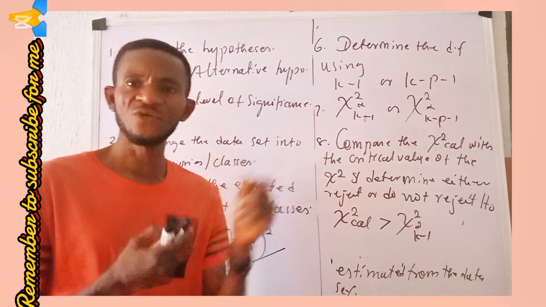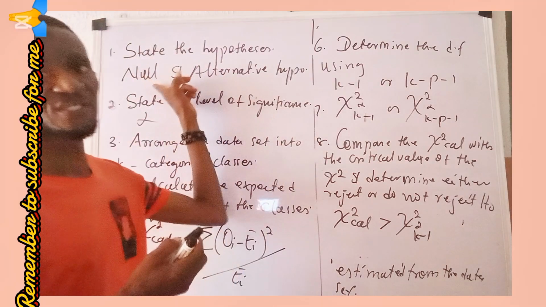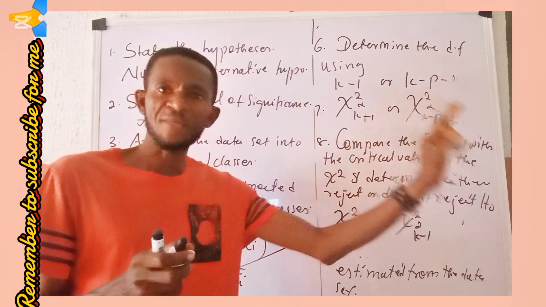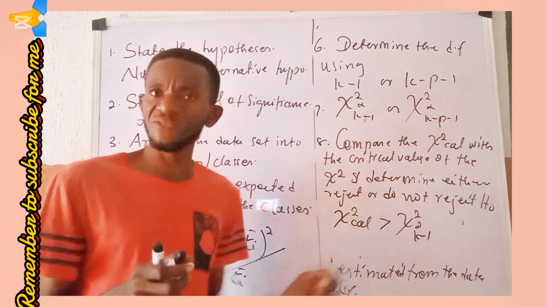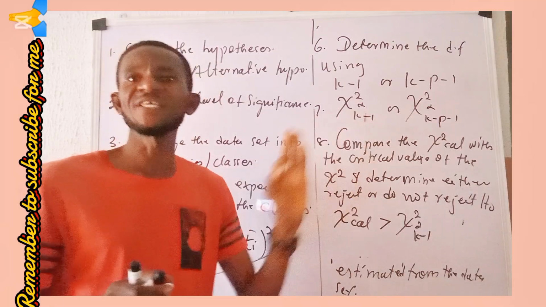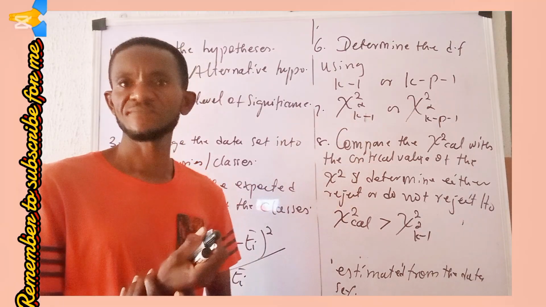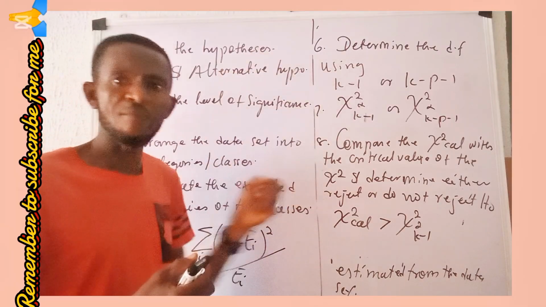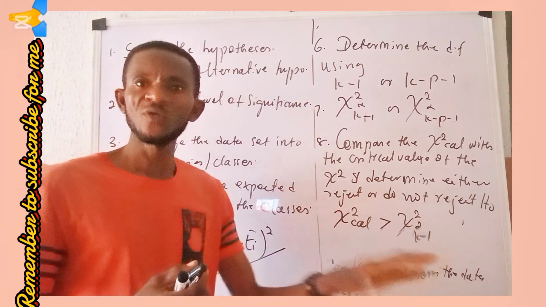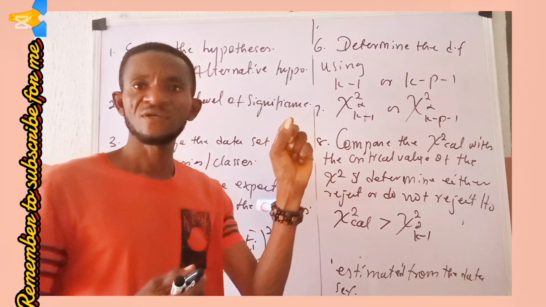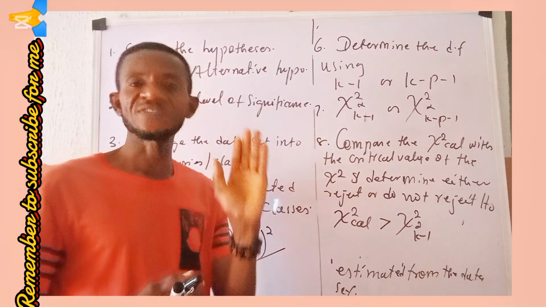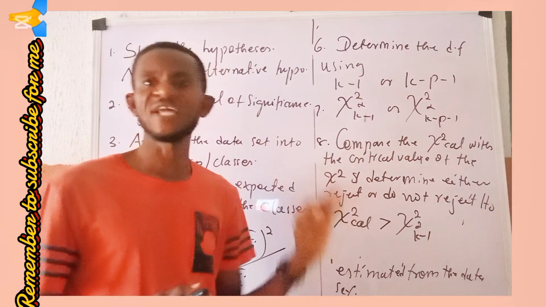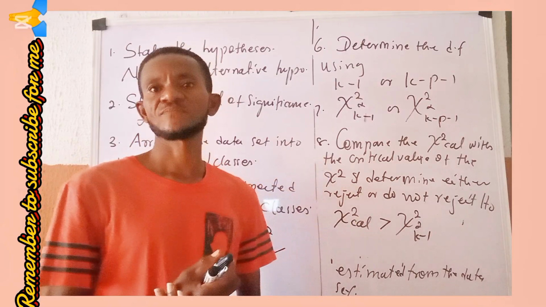And for that reason, we are going to reject the null hypothesis, which says that our data set comes from a specified distribution, or that our model is adequate. These are the steps which one must logically follow if one must arrive at valid conclusion using the chi-square goodness of fit test.